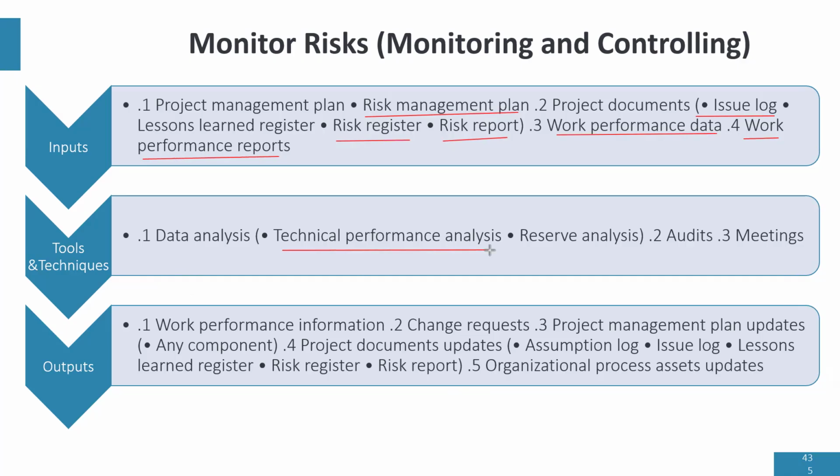And if there are technical gaps, it can show that we are most likely not going to meet the expected scope performance of the project. So technical performance analysis can indicate risk in reaching the technical scope of the project.